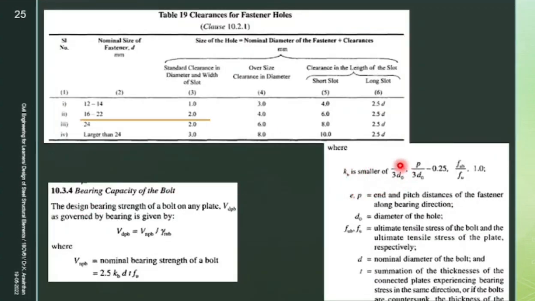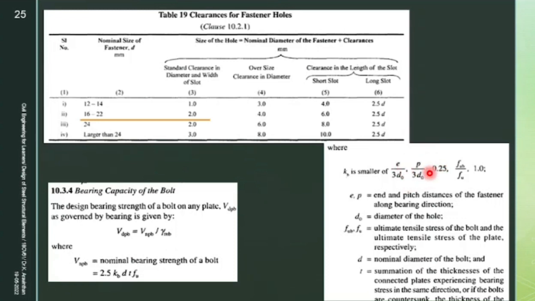So what is your edge distance? 27 divided by 3 into DO. What is DO? 16 or 18? 18. Exactly 0.5. Okay. Now you find second answer as P divided by 3 into DO. So P is known as pitch.